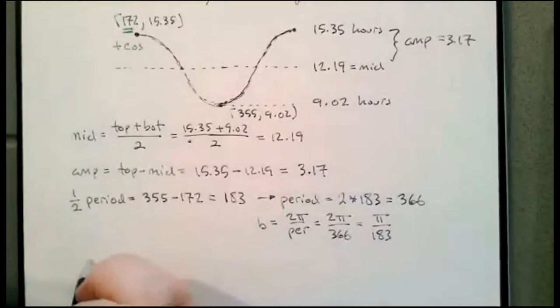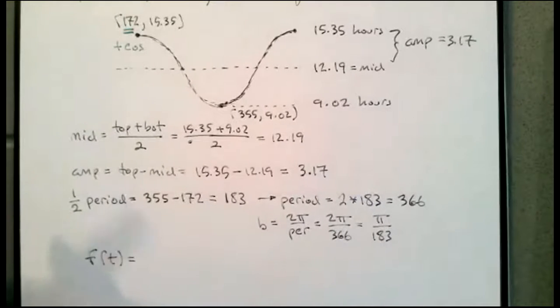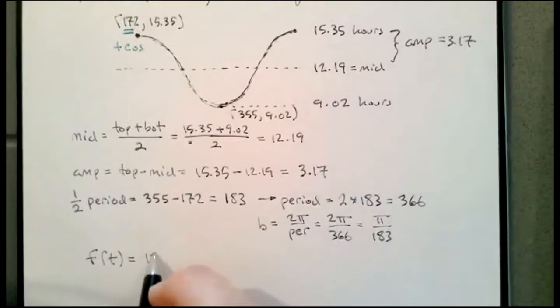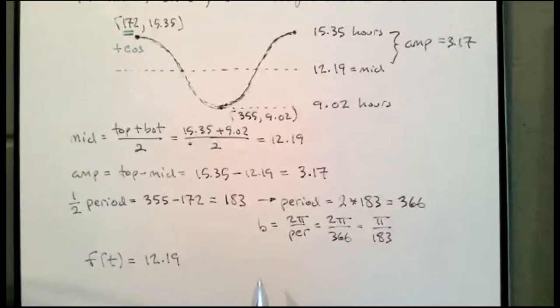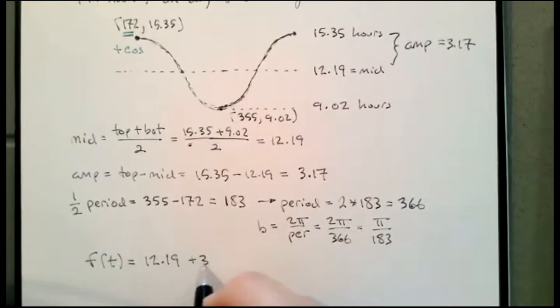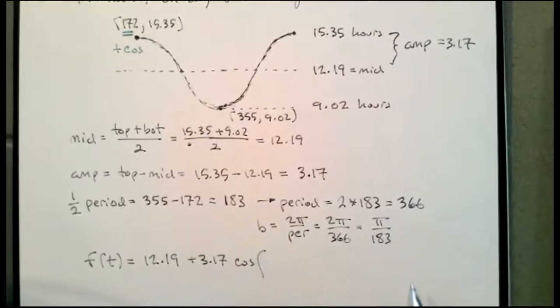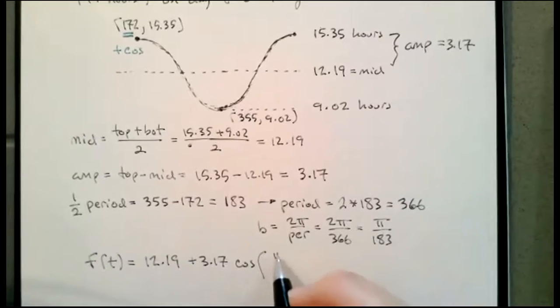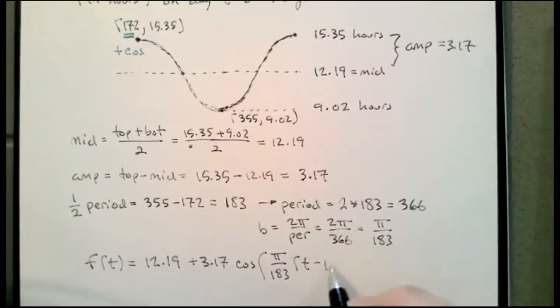So our function f of t is the middle, 12.19, plus 3.17, the amplitude, times the cosine of, the coefficient of t will be pi over 183, and my horizontal shift is 172.